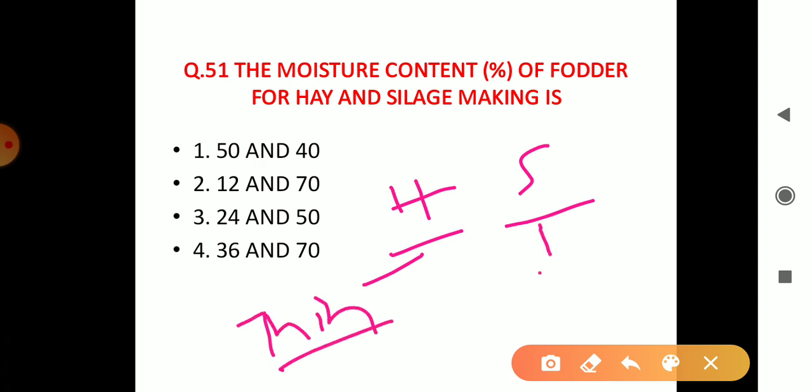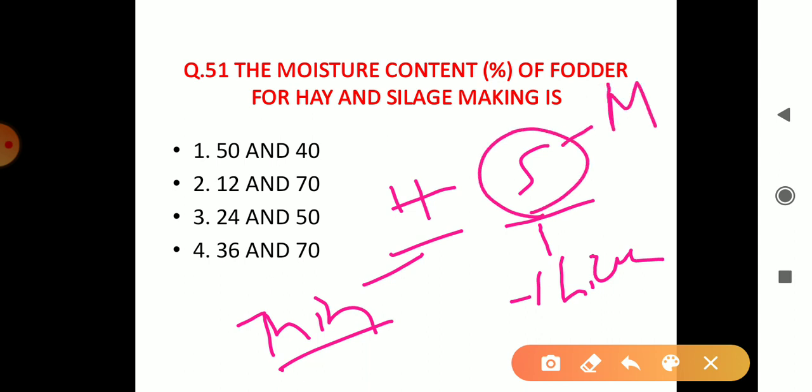For silage making, thick stem is preferable. Dear friends, do remember the best hay is prepared with the oat fodder, and the best legume hay is prepared from lucerne and alfalfa, and the best fodder for silage making is maize, whose scientific name is Zea mays.